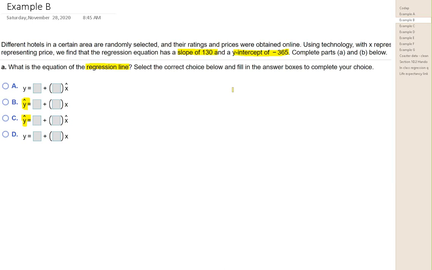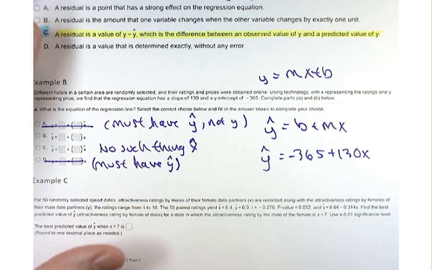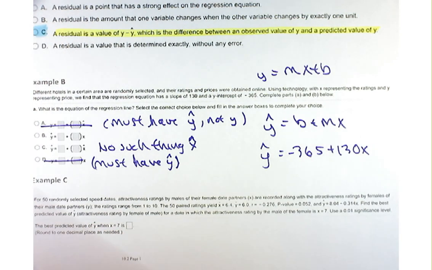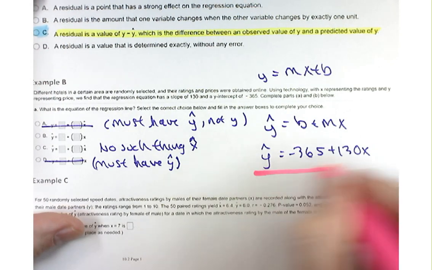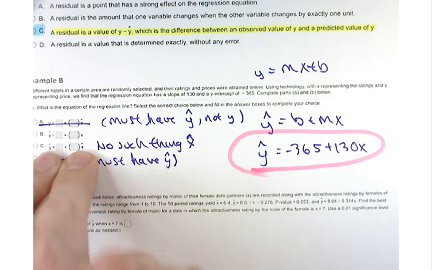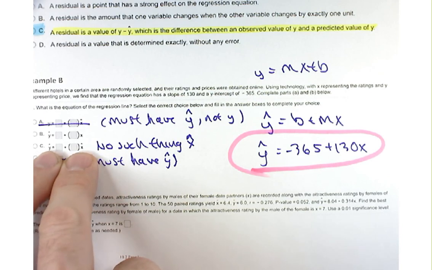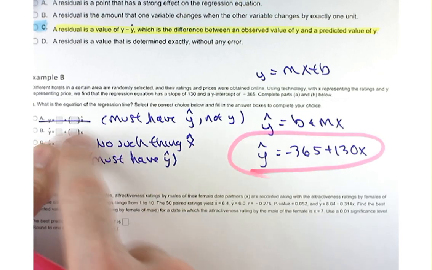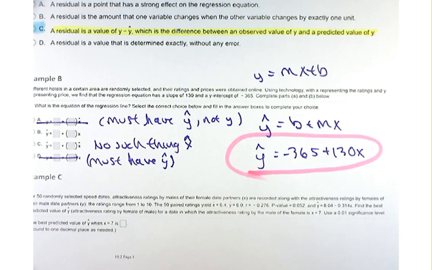Haley? For their format, it would be y equals negative 365 plus 130x. Perfect. So the way they wrote it, it would be this, negative 365 plus 130x. So on your stat lab, when you do this at home, you're going to have to plug those numbers in here. And then you get it right. Sweet.